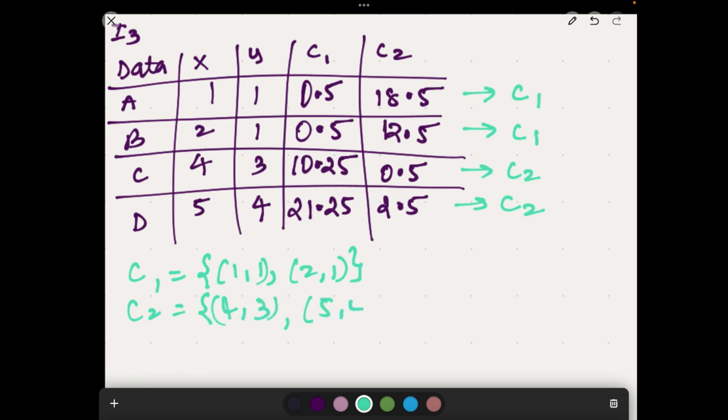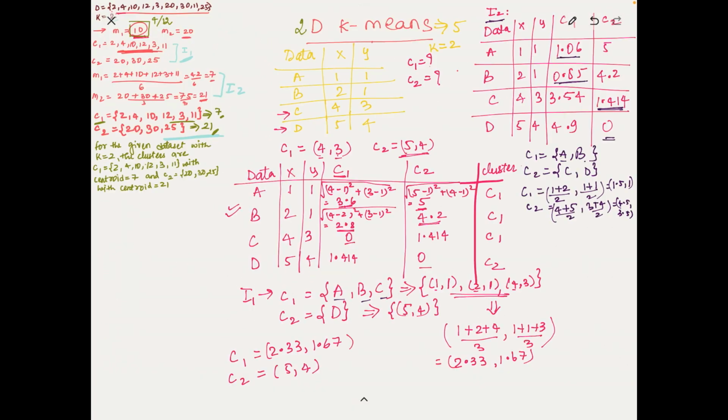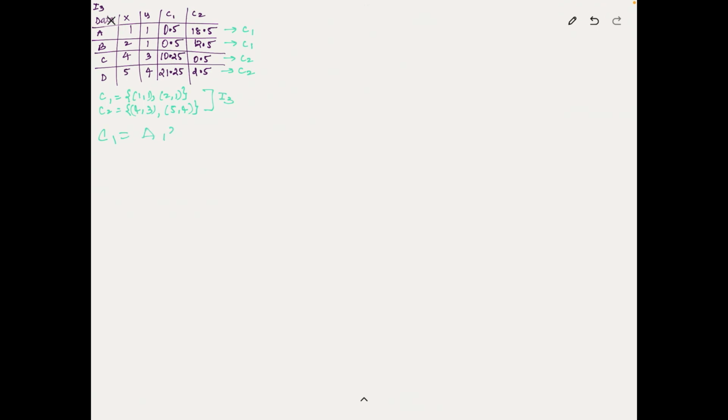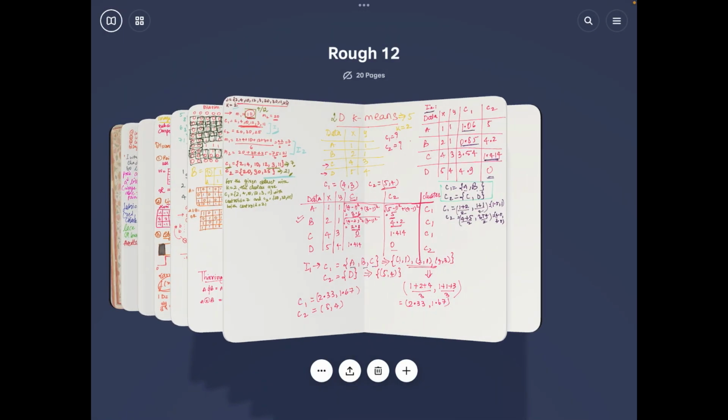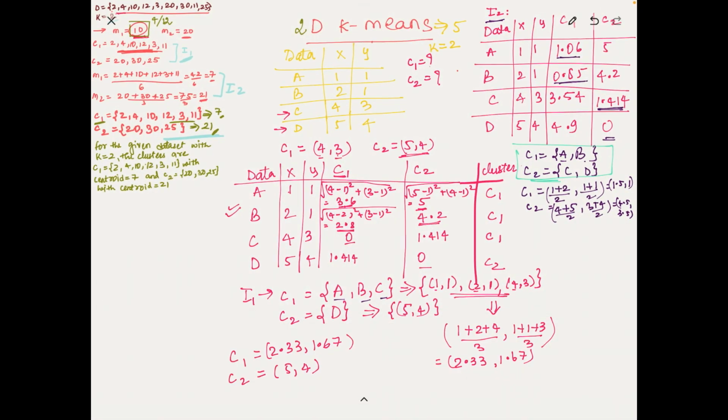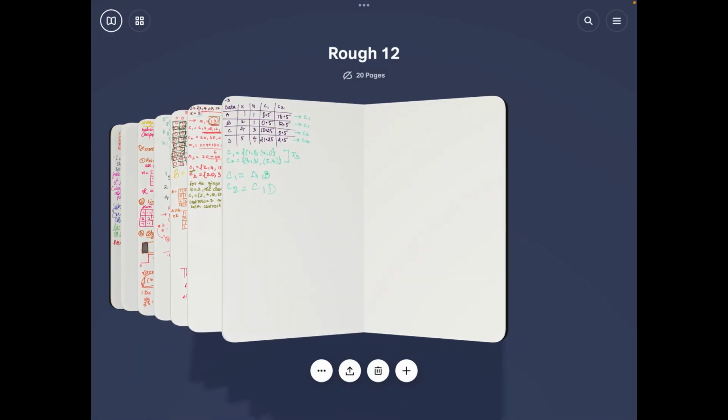So what this means is that your clusters in I3 and your clusters in I2 have the same values. As you can see, the clusters here are going to be A comma B for C1, and for C2 it's going to be C comma D, which is the same as the clusters in iteration 2.